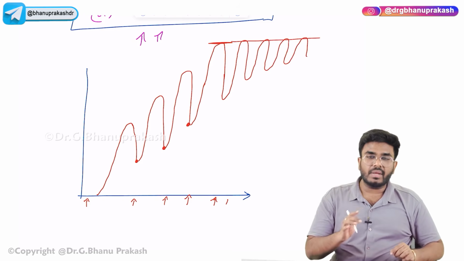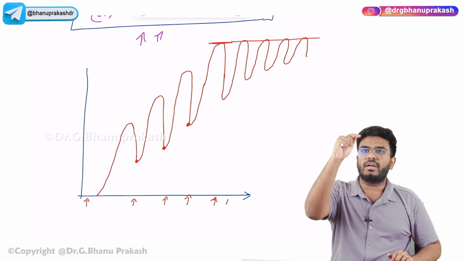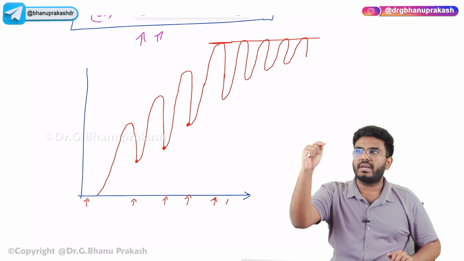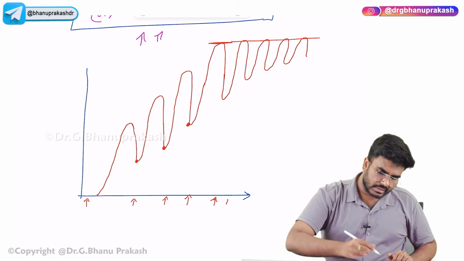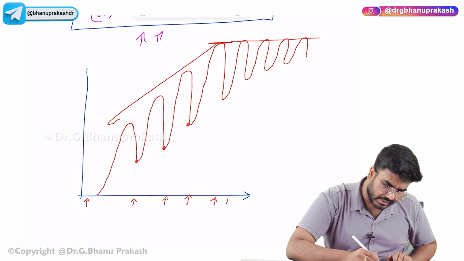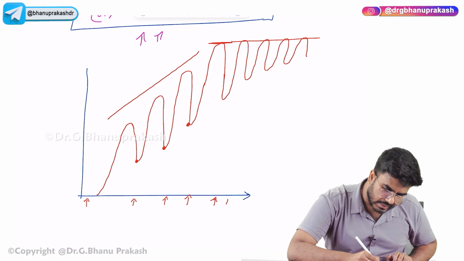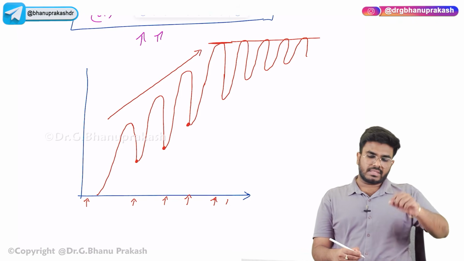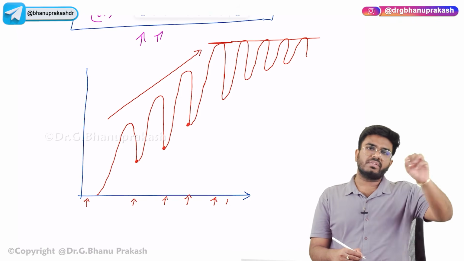Muscle contracted, relaxing, again contracted, relaxing, again contracted. It means for the first 4 times there is an increase in the force generation. This is the staircase effect.